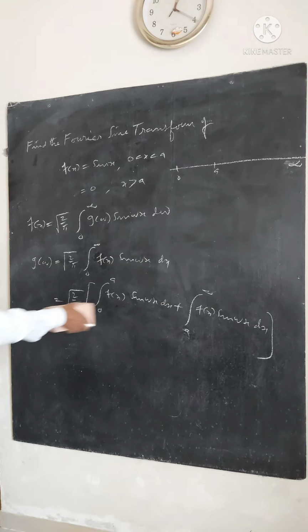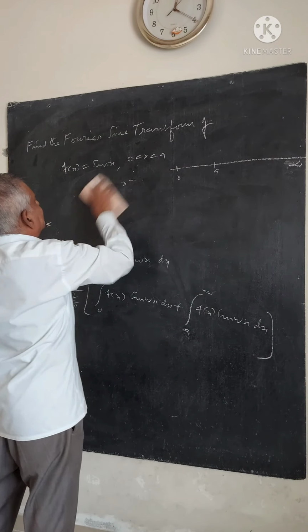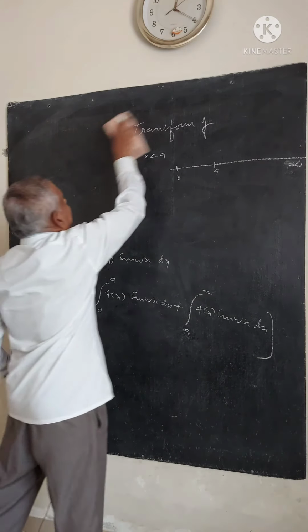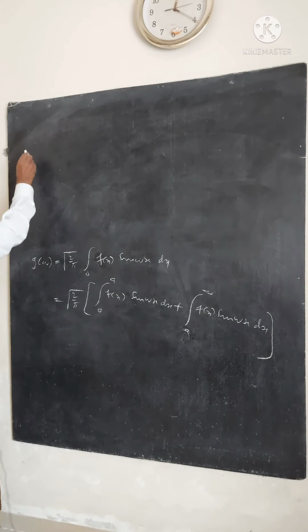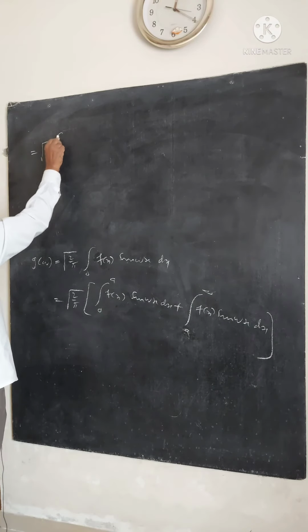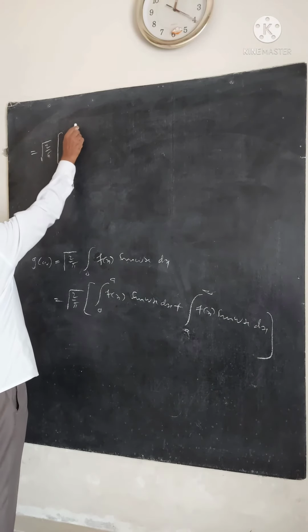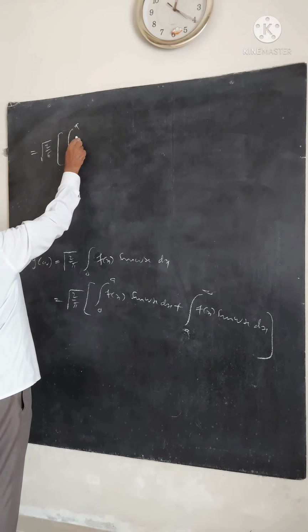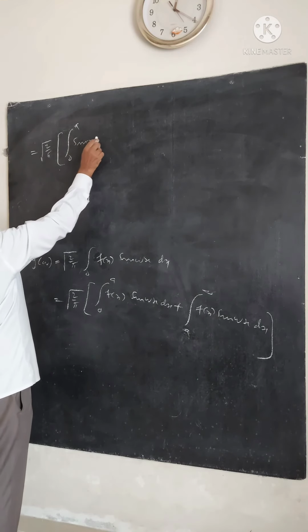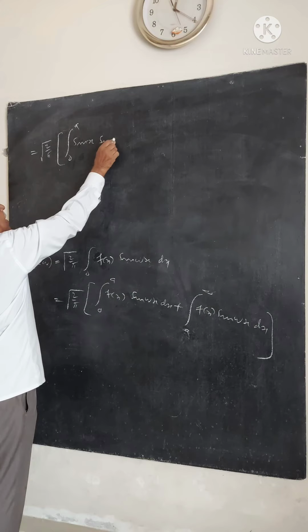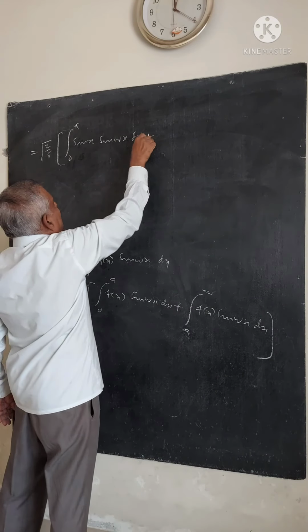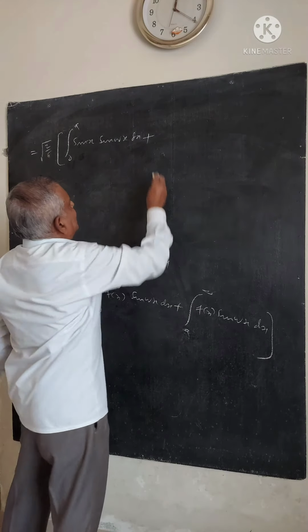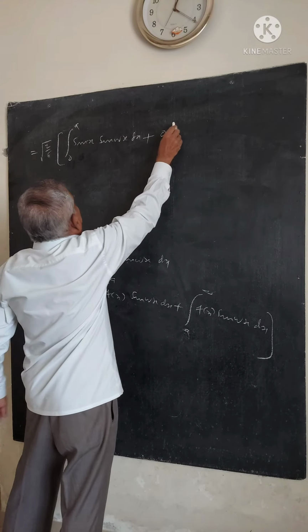Applying the function in these integrals, we get root of 2 by pi, integral 0 to a of sin x sin omega x dx, plus f of x is 0 for a to infinity.